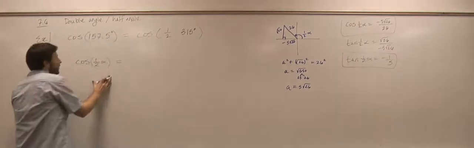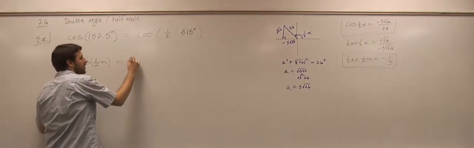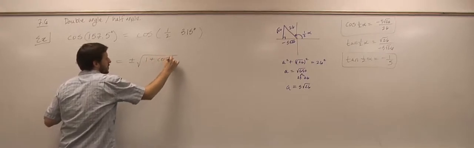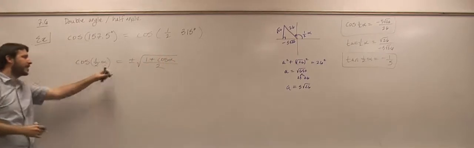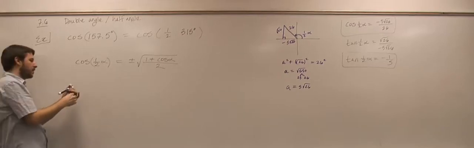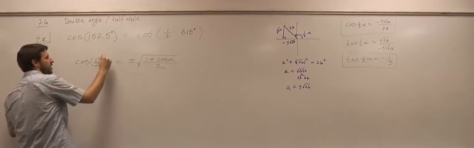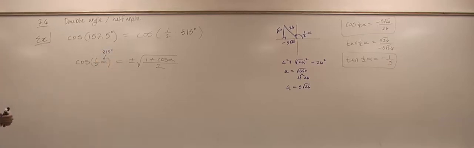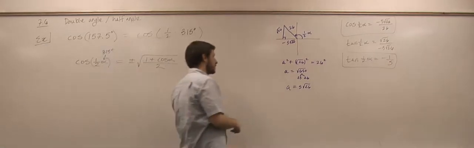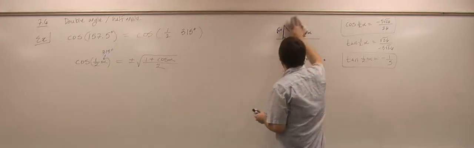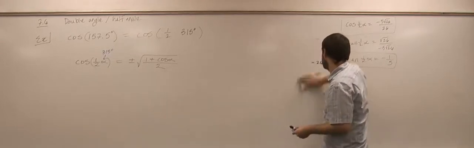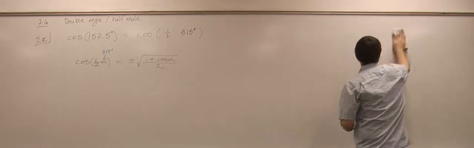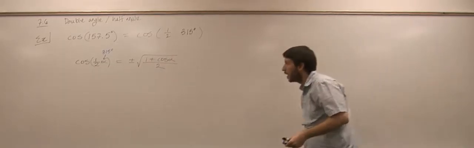So then we can use our formula, which says cosine 1/2 alpha is plus or minus the square root of 1 plus cosine alpha over 2. Now I can apply this formula because I have it where alpha is equal to 315. So this will replace our little sum and difference formulas when we try to get a 15 degree angle.